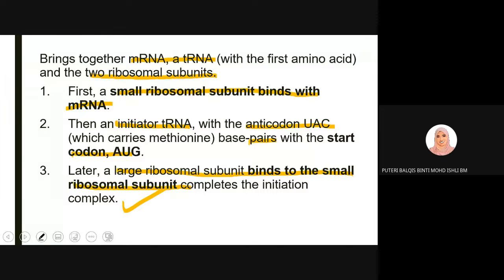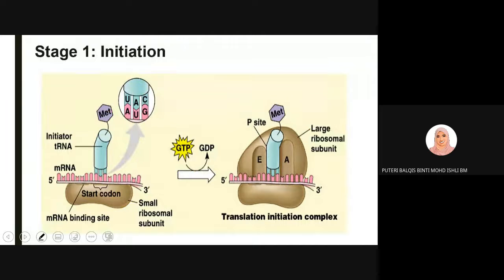Okay, by referring to the previous slide, you can see that this is the small ribosomal subunit. It will bind to the mRNA. Then initiator tRNA. During initiation, kita panggil dia sebagai initiator tRNA, sebab dia adalah yang start, yang mulakan.